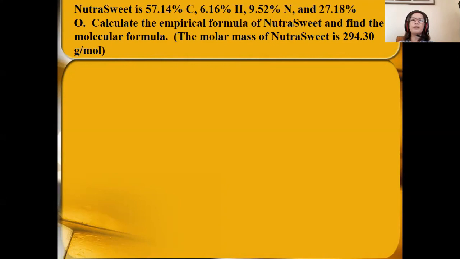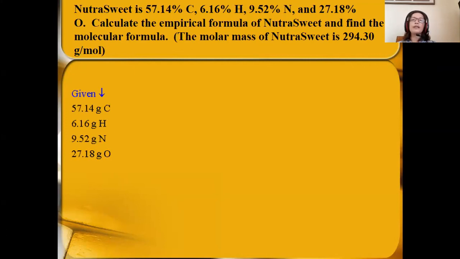So take note, the molecular mass is 294.30 grams per mole. Given in percentage, the percentage will be converted to mass in grams. And then get the mole by applying the given mass divided by the molar mass.